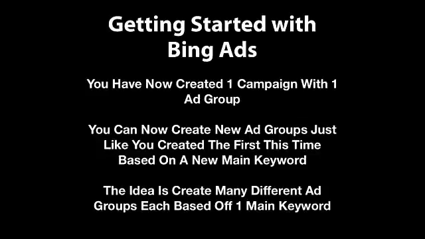So we can now base other ad groups off keywords still in the woodworking niche. I still want to be sending people to that same squeeze page, but we can use different keywords from the keyword suggestion tool. The idea is to create many different ad groups, each based off one main keyword.